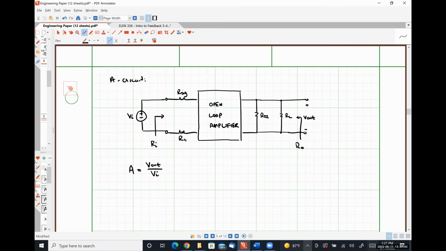And then from here, we have all of the information necessary to calculate the closed loop behavior of the circuit without ever actually analyzing the closed loop behavior of the circuit.